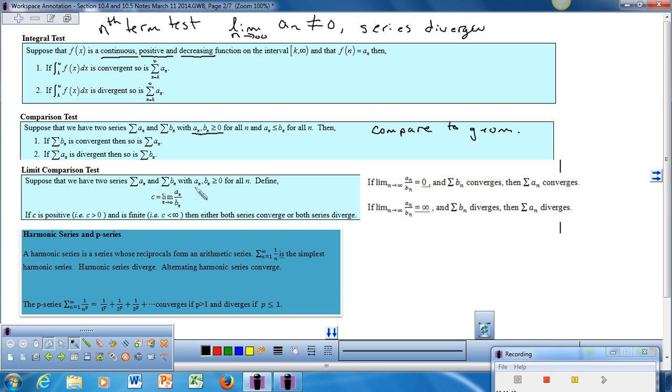So there's the condition. And what we do is we set up a limit of one series over the other, and then based on how that limit comes out, we can draw some conclusions. The limit of a sub n over b sub n as n goes to infinity.